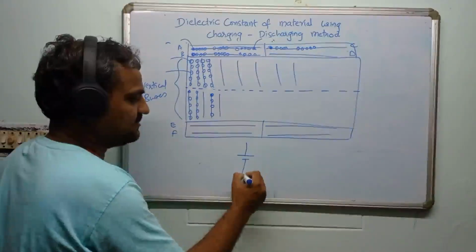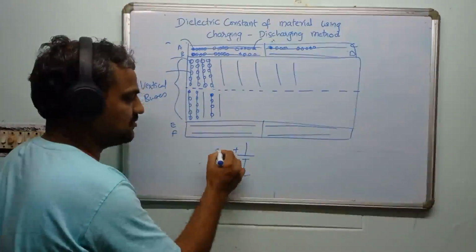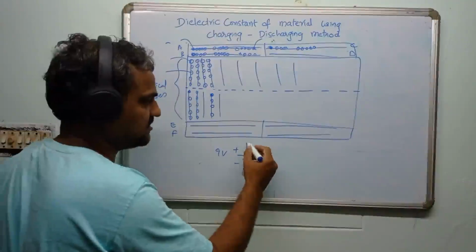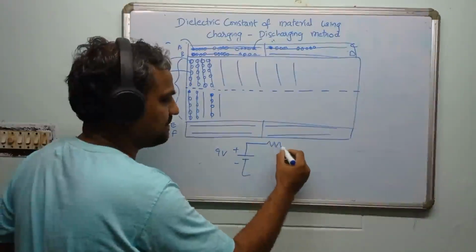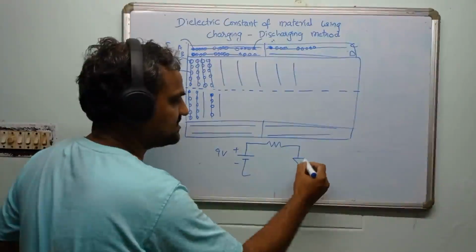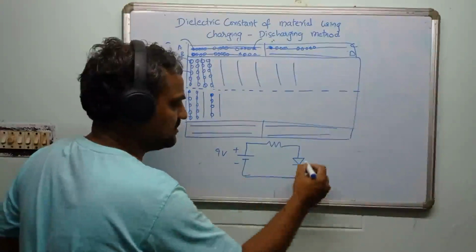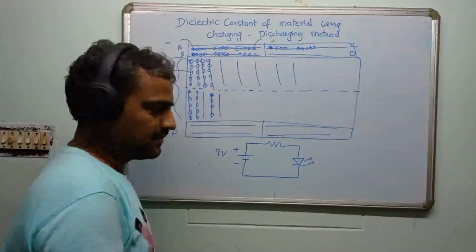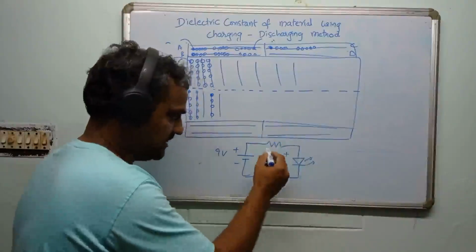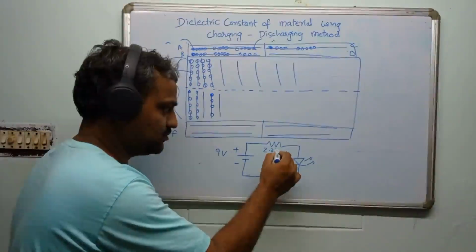It needs a battery, plus minus, usually 9 volts or 5 volts is sufficient, a resistor, and an LED. See, this is the symbol for LED. Light is being emitted from here. This is the positive, this is the negative, and this is the resistance. Here I am using a 2.2K.